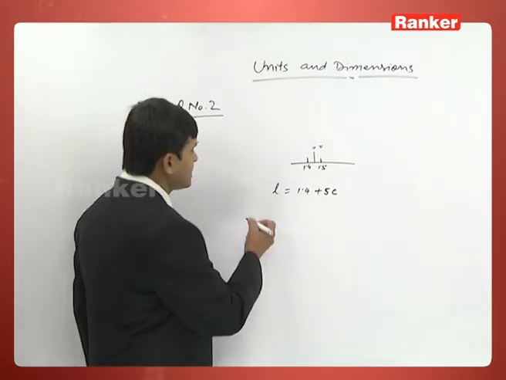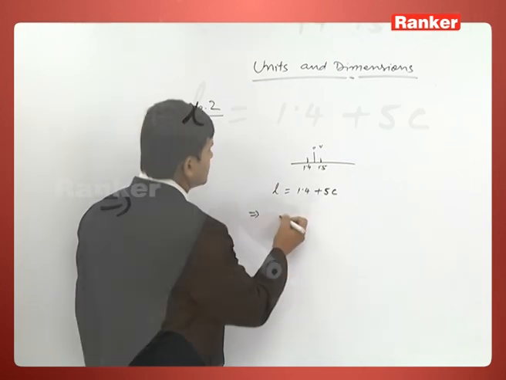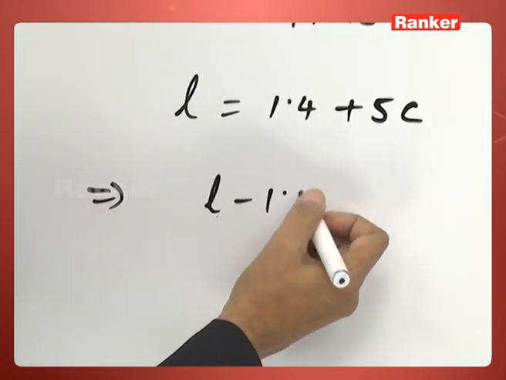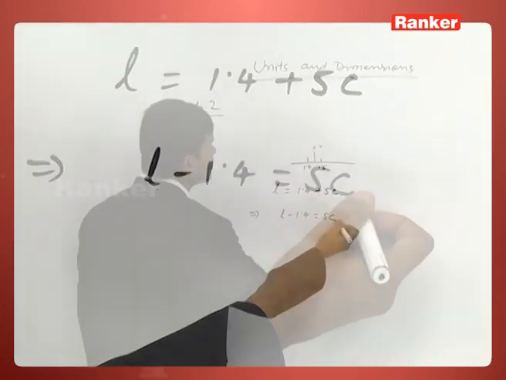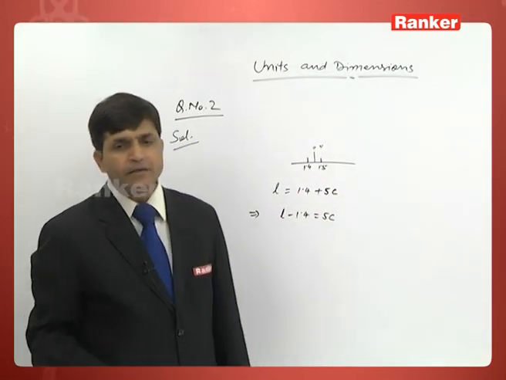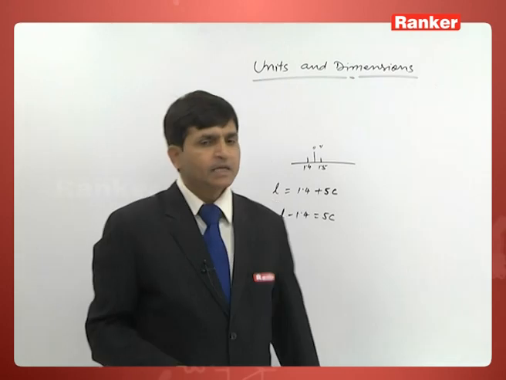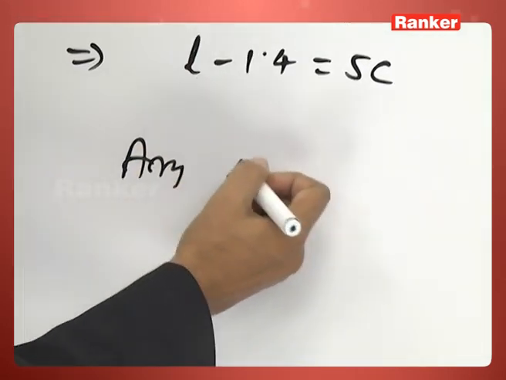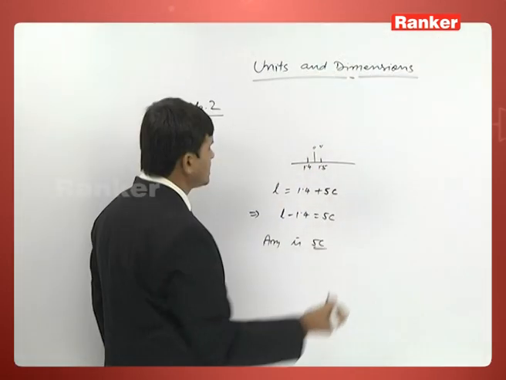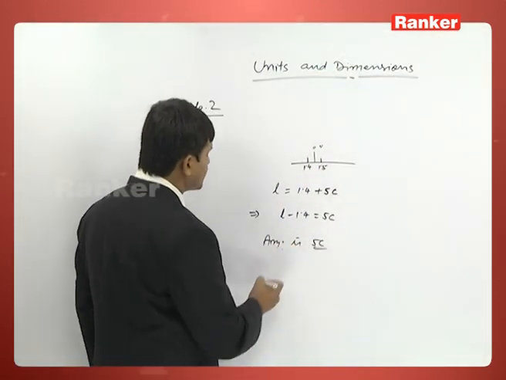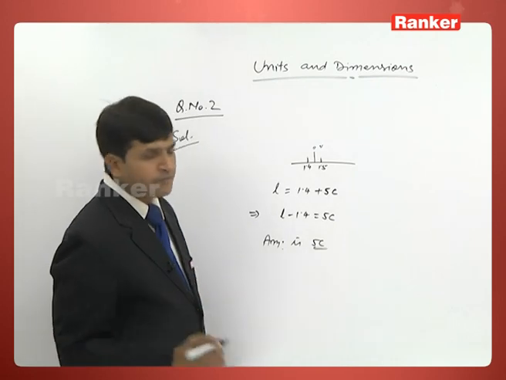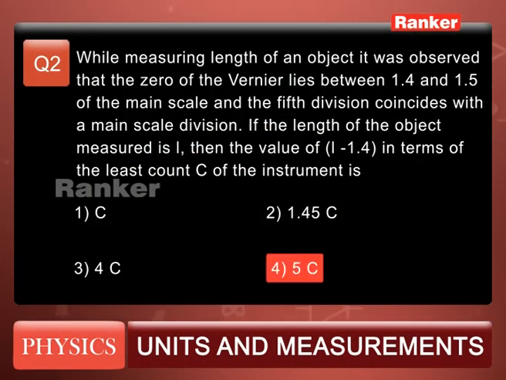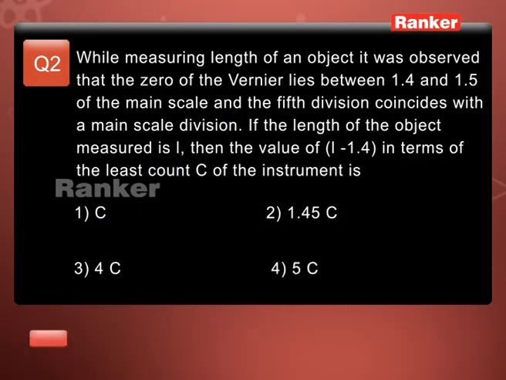So L minus 1.4 will be equal to 5C. The 5C is our correct option. So the answer is 5C. So the correct option is option number 4.